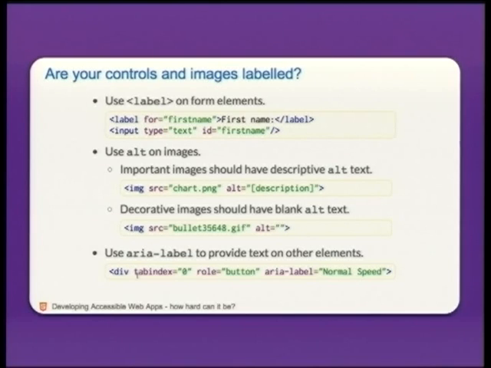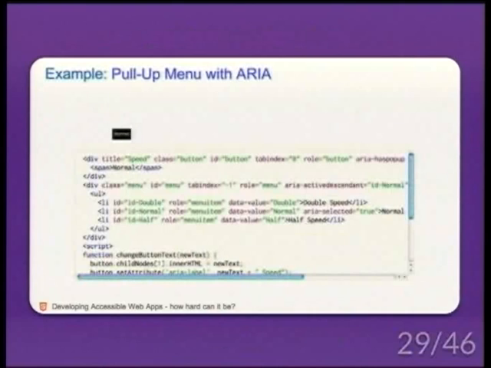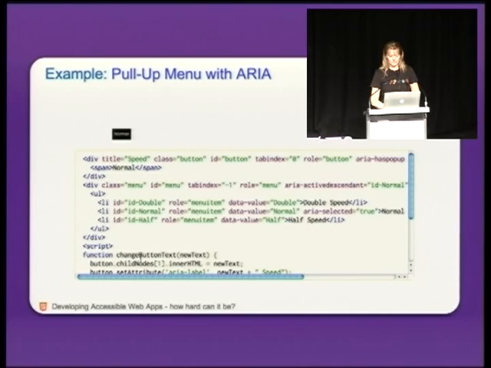And finally, for all the other elements, we've got ARIA label. And ARIA label, you can give it any kind of text to describe what this thing does. Here is now my full-blown pull-up menu with ARIA support and keyboard support and everything. I've got a little custom-made menu here, which I actually used as an example at a recent Google Developer Day.